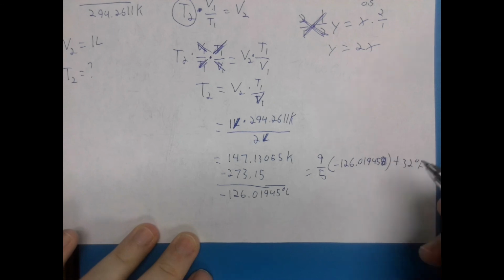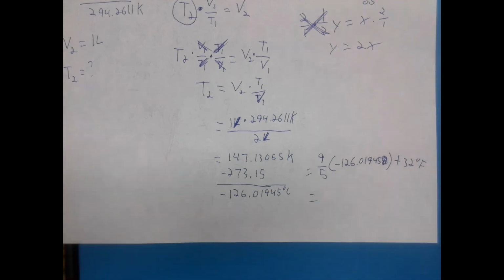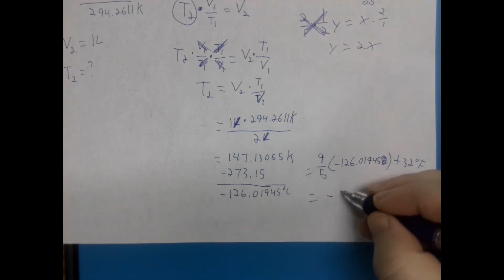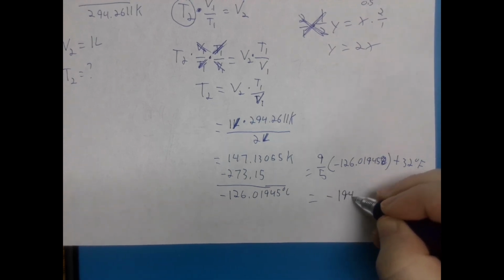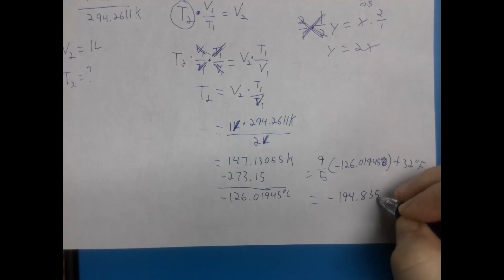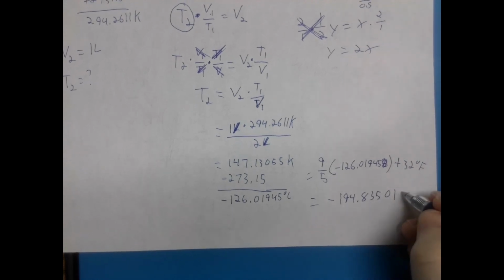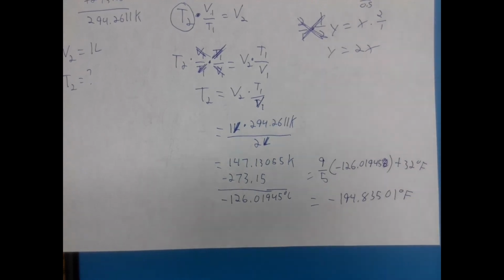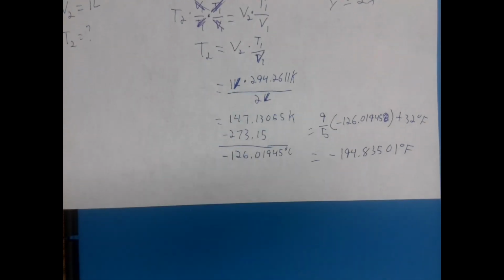All right, you remove the Celsius. And you get a temperature of negative 194.83501 degrees Fahrenheit.